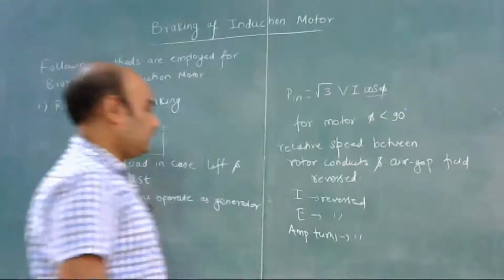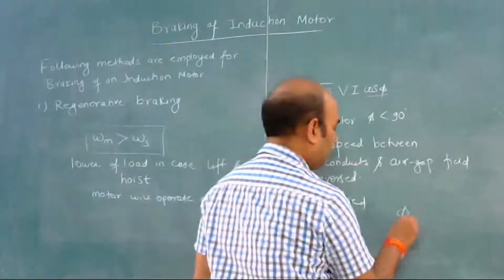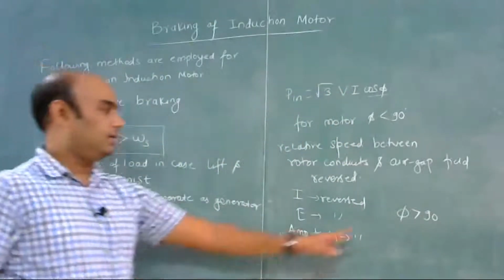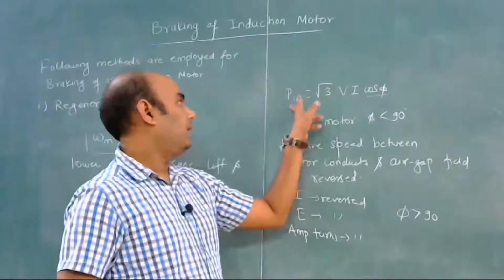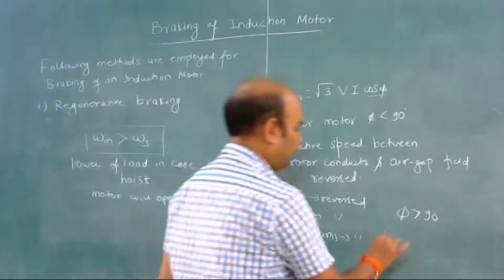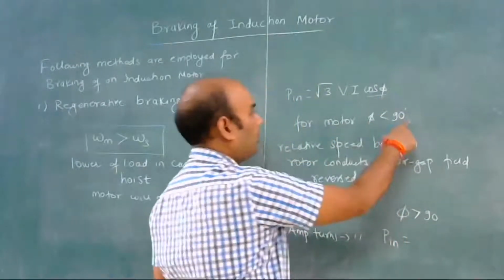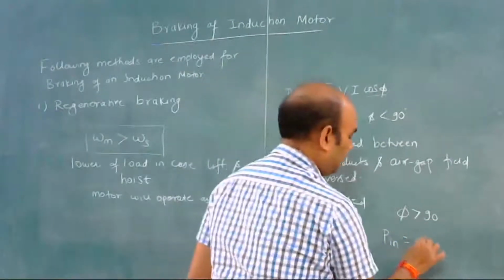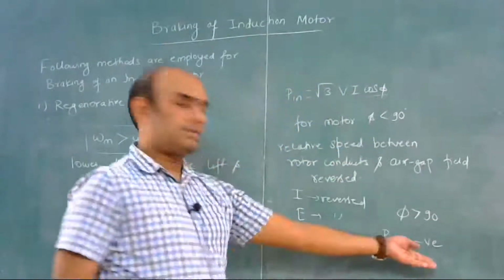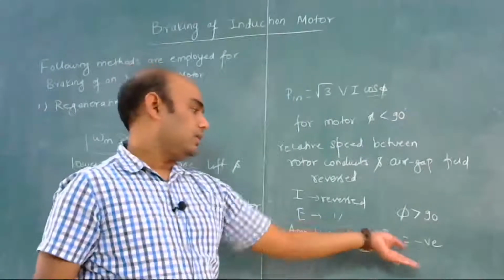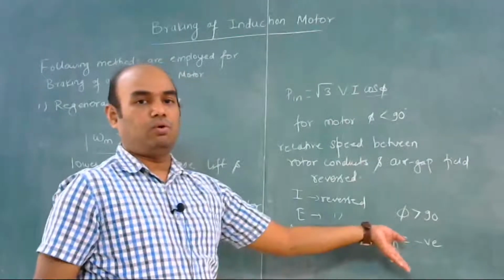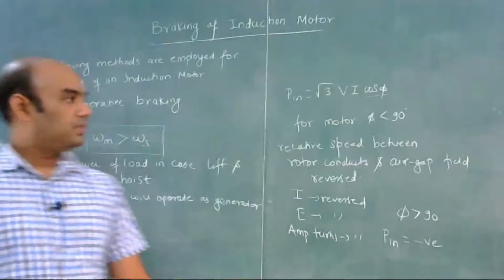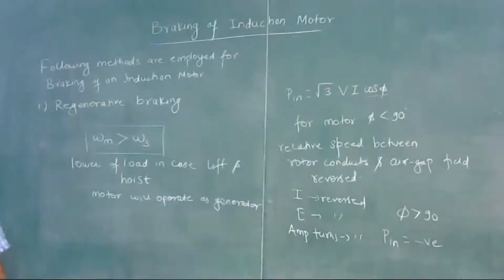In this case, phi becomes greater than 90 degrees, so the power factor angle is greater than 90 and P in becomes negative, because cos phi for an angle greater than 90 degrees is negative. Power is negative, which means power flows in the reverse direction, from generator to the supply side. So this is known as regenerative braking.